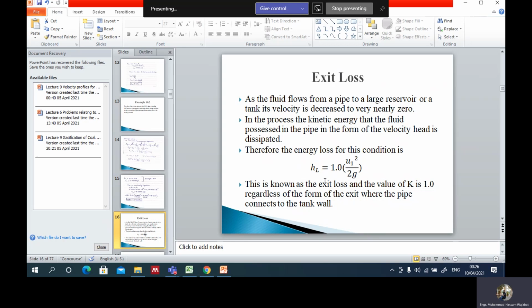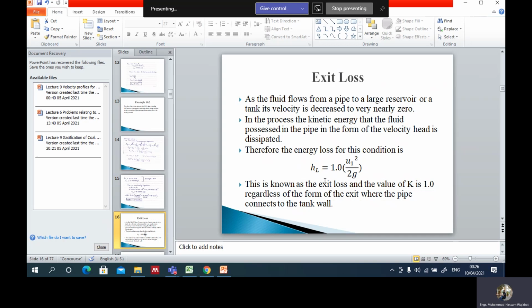So let me repeat, how do we differentiate exit loss from a sudden enlargement? Sudden enlargement में क्या होता है? That the flow is from a small pipe into a large pipe. Sudden enlargement में जो आपका flow हो रहा होता है वो एक छोटे पाइप से बड़े पाइप में हो रहा है. और exit loss में क्या हो रहा है? छोटे पाइप से reservoir में flow हो रहा है.